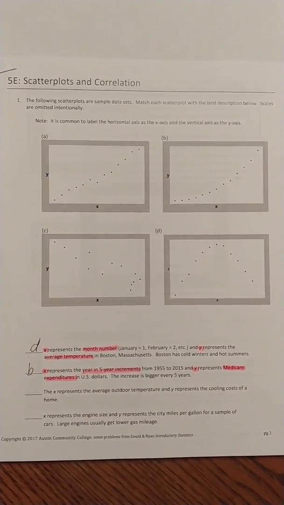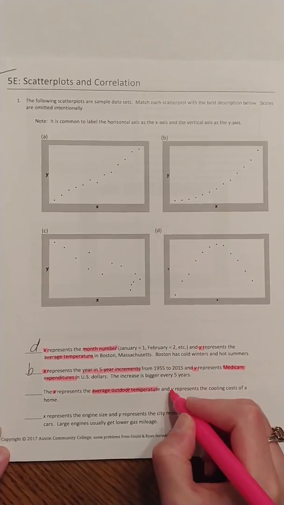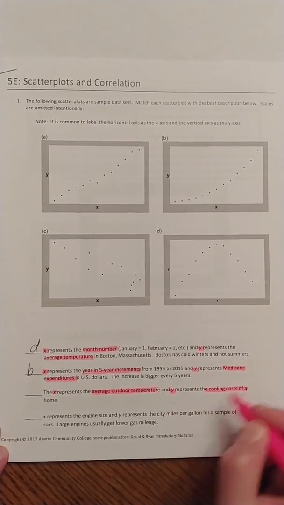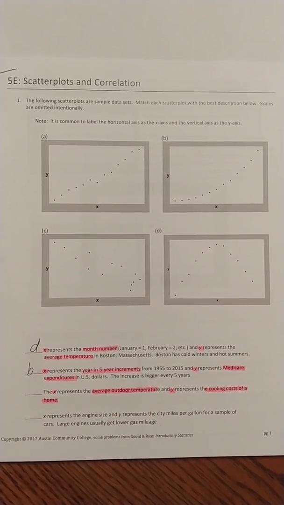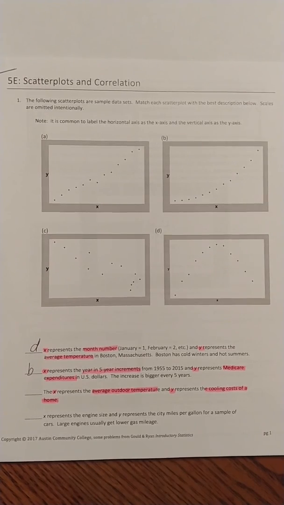All right, let's look at the next one. So here it says X represents the average outdoor temperature, and Y represents the cooling cost of the home. So think about this. What happens when the outdoor temperature increases? Is the cooling cost going to increase or decrease? It should increase, right?